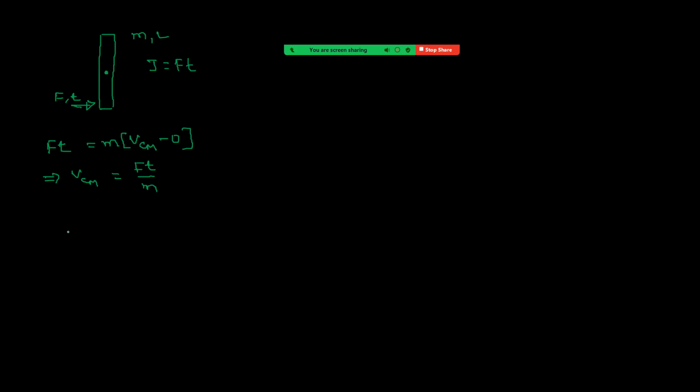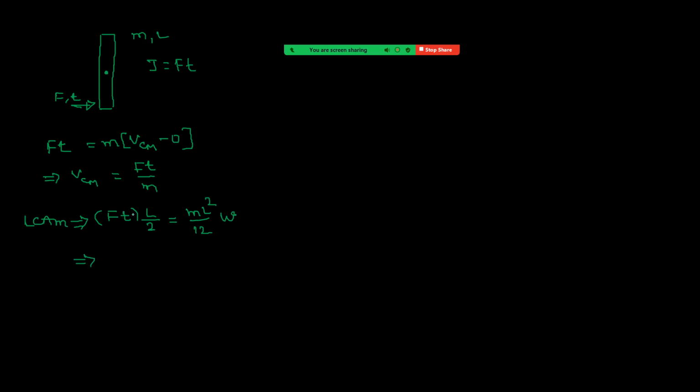So now using the law of conservation of angular momentum, it is F into t, that is impulse. Rotation is now about the center of the rod, so the distance will be L by 2. So Ft into L by 2 is now the angular momentum, that is equal to I omega. I value is ml square by 12, into omega.